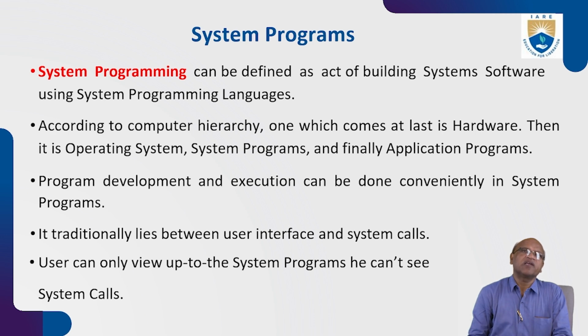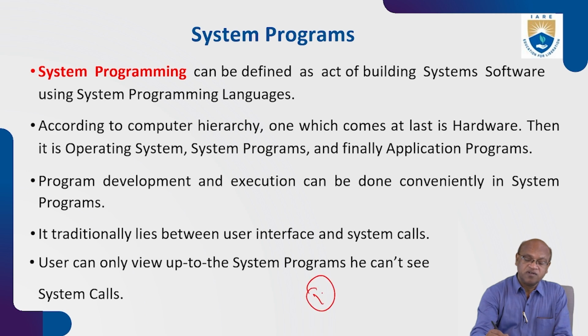According to the computer hierarchy, the one which comes last is hardware. Then it is operating system programs, and finally application programs. So if you look at this, hardware is your hardware. After this is the OS.